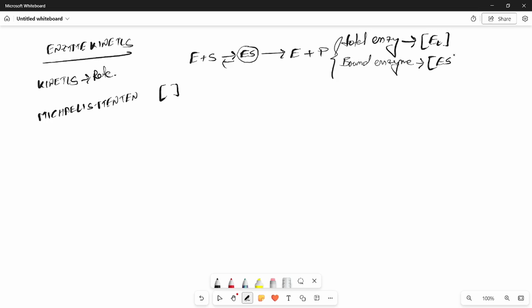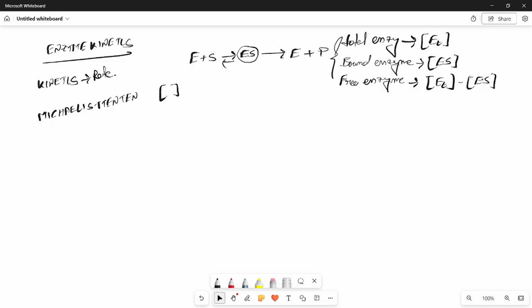ES. Consider ES. Means from that if you want to derive the free enzyme which is readily available for further reacting, that is the free enzyme concentration or unbound enzyme concentration, which is total enzyme minus bound enzyme.